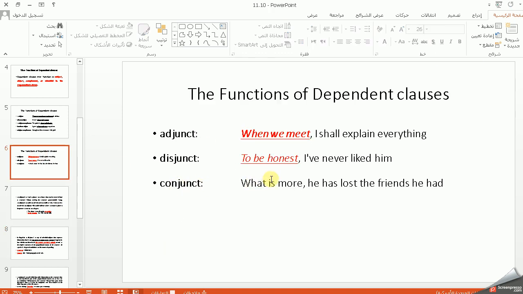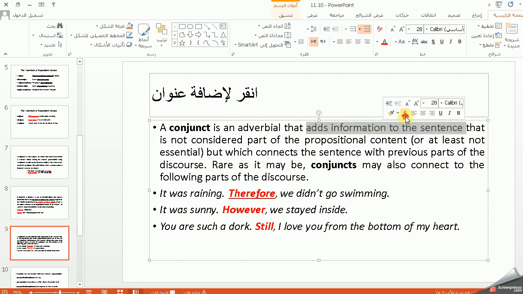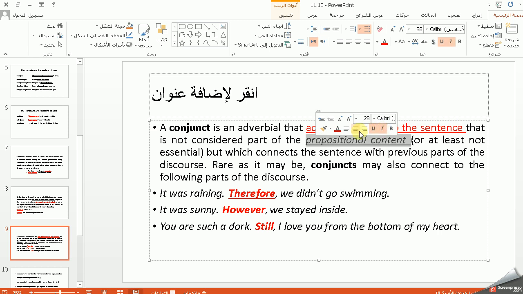We have conjunct. What is more, he has lost the friends he had. A conjunct is an adverbial that adds information to the sentence, but it is not considered part of the propositional content. Propositional content is a semantic term, meaning it adds nothing essential to the meaning. If we return to the sentence: it was raining, therefore we didn't go swimming.